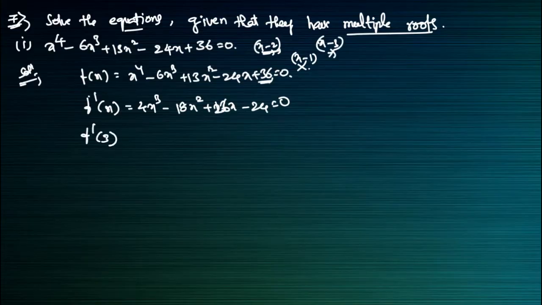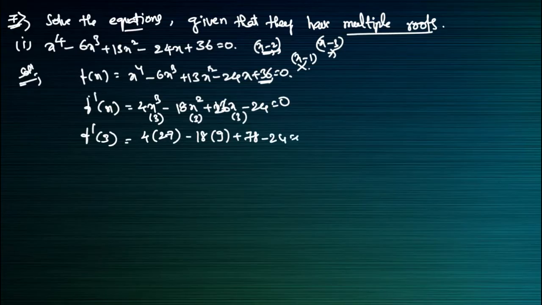f dash of 3 here. It will become 4 into 3, 3 nines are 27. So 27 minus 18 into 3, 3 threes are 9, here plus 26, 3 twenty-sixes are 78 will come. 78 minus 24 is equal to 0 here.